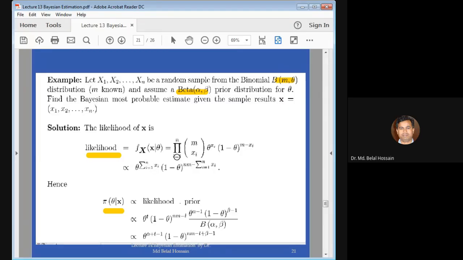That is actually the product of all the independent mass functions, okay? So this is the mass function of that binomial distribution. So if you product it for n times, that is the likelihood function of that original sample.